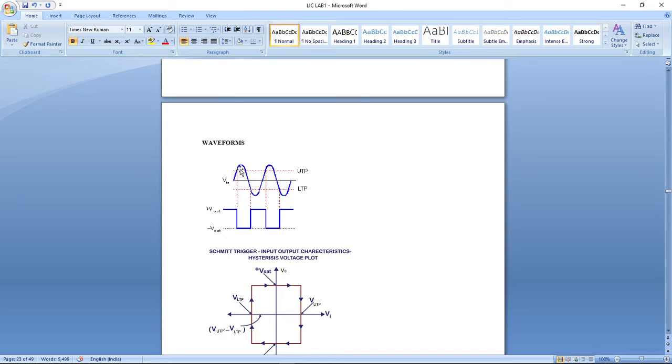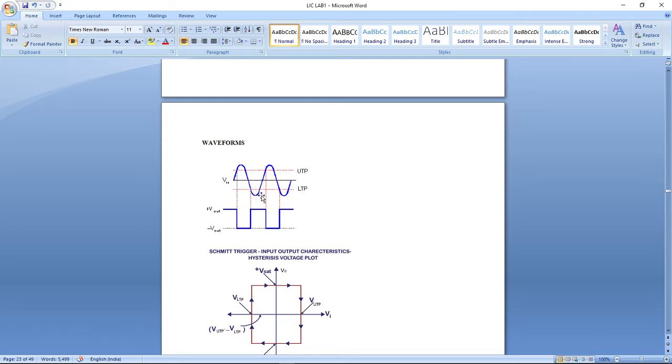After the upper threshold point, the sine waveform will be rejected and the remaining waveform will be converted into the square wave output waveform.